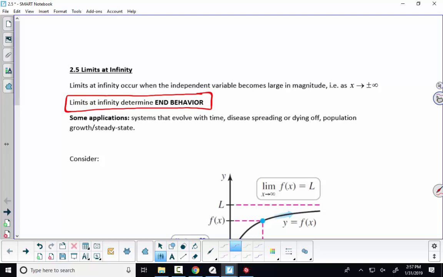We're saying what's happening over here at this end and at this end. And some specific applications are populations that evolve over time. Maybe you've got a function that models the spread of an epidemic, and you want to know, does that epidemic keep going, approach infinity, or does the epidemic die out, or it approaches some finite number of infected people? So that's kind of with growth and steady state as well.